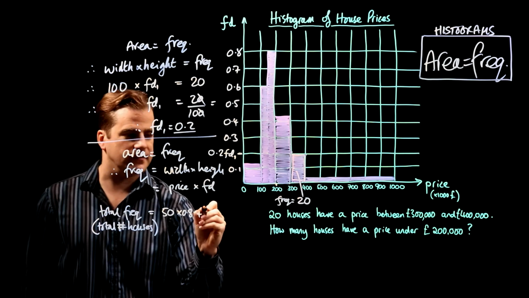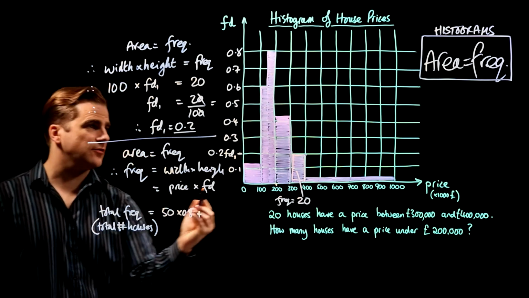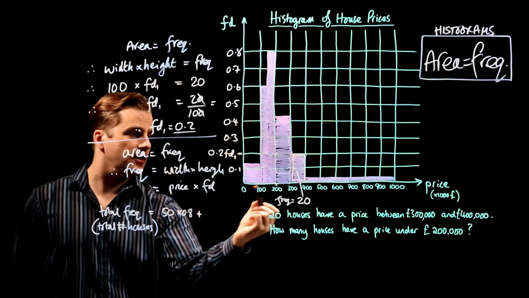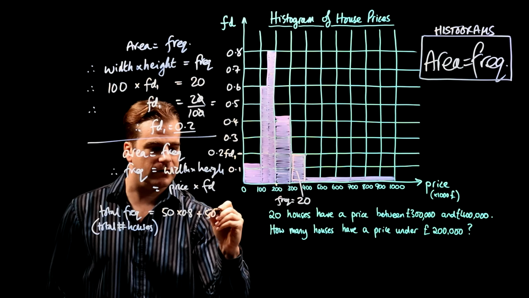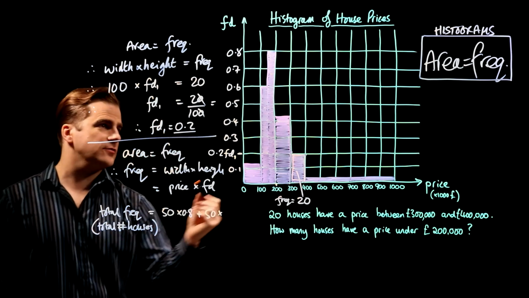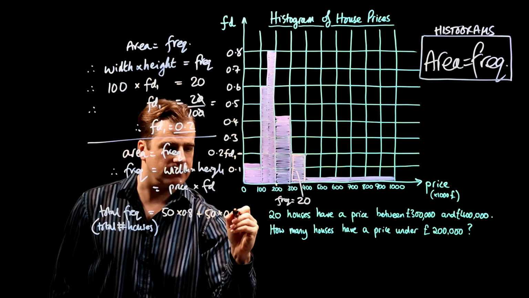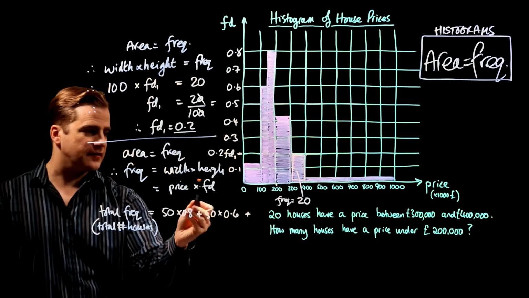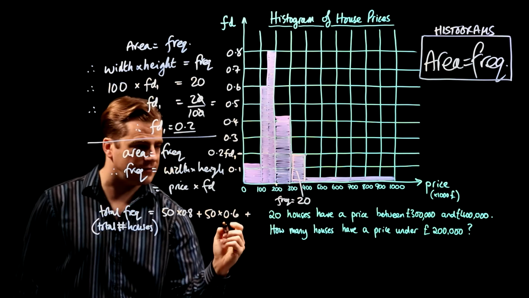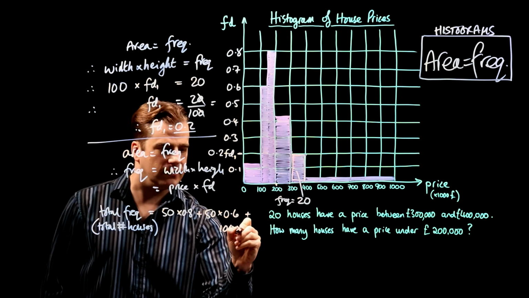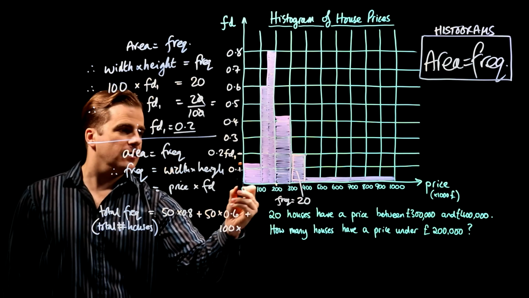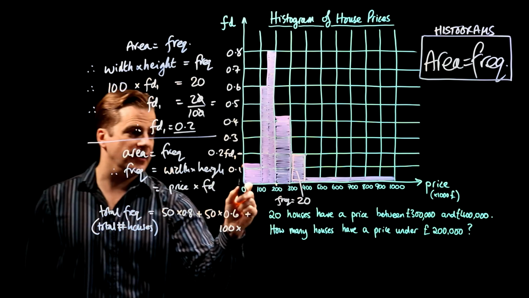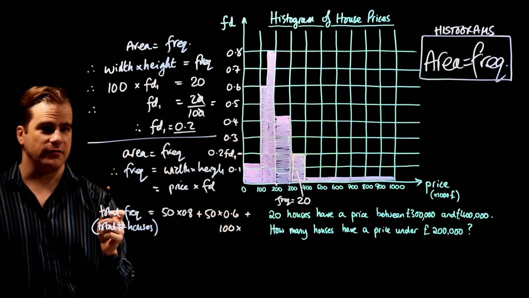Right, plus next box, price times frequency density. Width is 100 to 150, so that's 50 times frequency density is 0.6, plus this box, price times frequency density. Price width is 100, frequency density. Don't be sloppy when reading the frequency density off on your graph. Be careful.